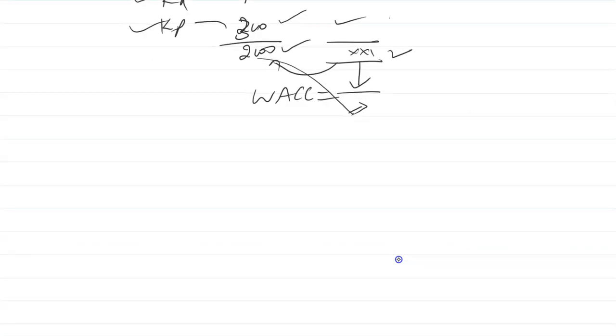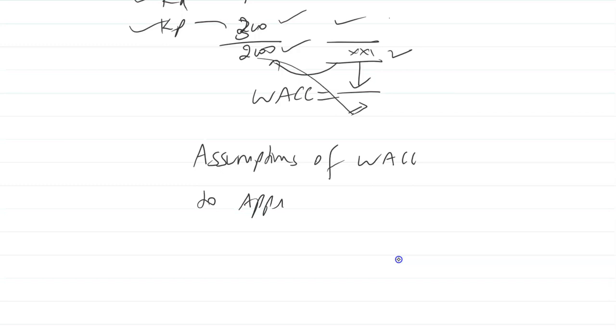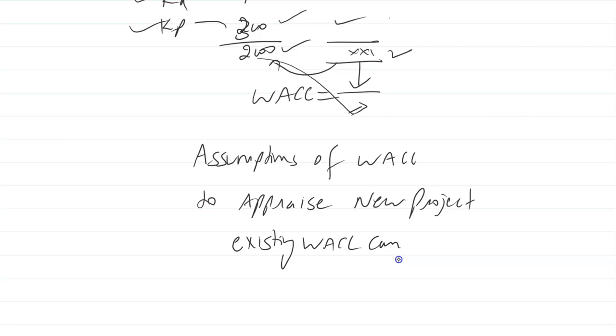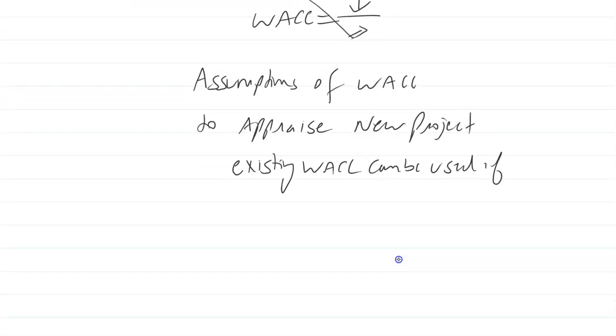Okay. Certain few things are also important. Assumptions of WACC. To appraise a new project, existing WACC can be used if the following conditions are fulfilled.